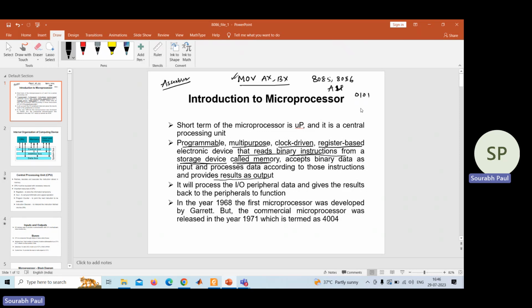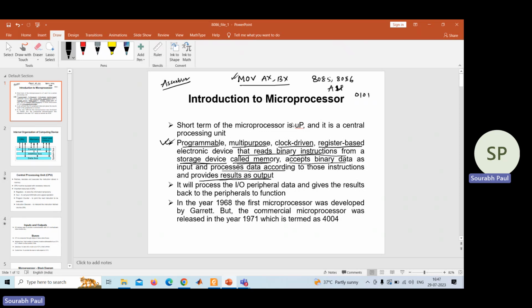From the memory unit, the processor will read that instruction in binary form and accept the binary data as input. As an input, it will accept the binary data and process it, and according to that, it will provide the corresponding output. So this is the definition of a microprocessor.